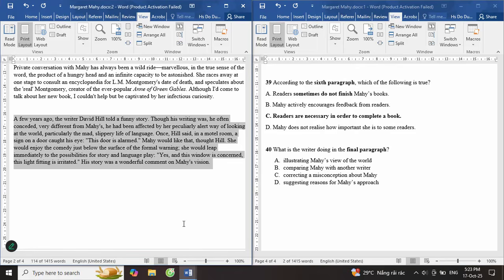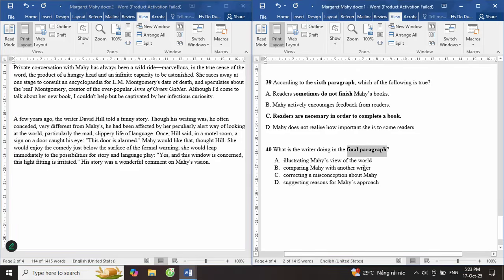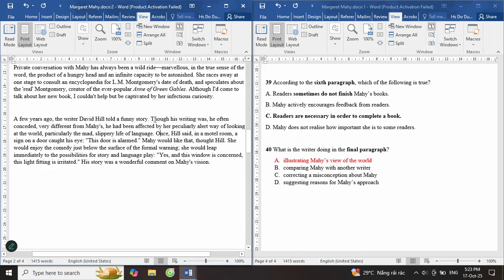Okay, number 40 is quite obvious, I think. The answer for number 40 would be A. Quite obvious. But I understand if you sometimes confuse it with B, because there is something comparing here. They said though his writing was very different from Mahy's, and some people would say, oh, they are comparing.